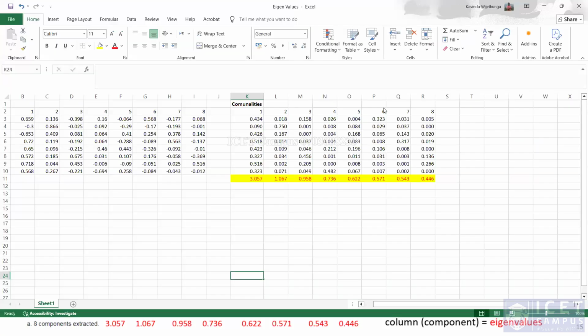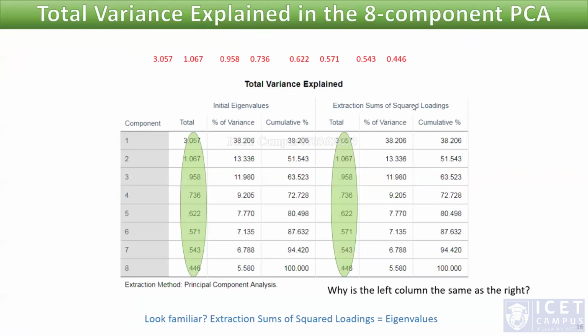Right. Next output is total variance explained. This table. So we can talk about this table. You can see these values here, the values we found.